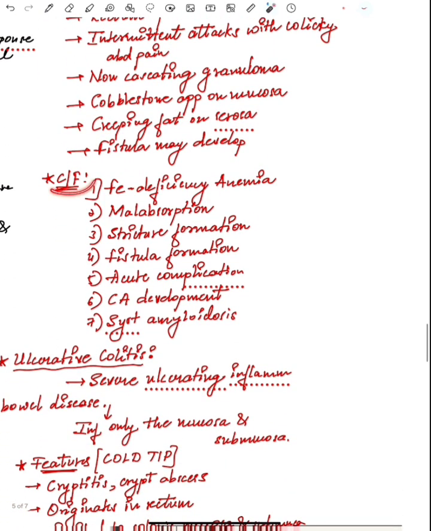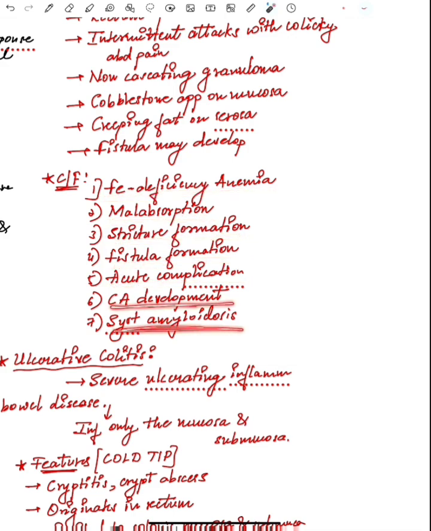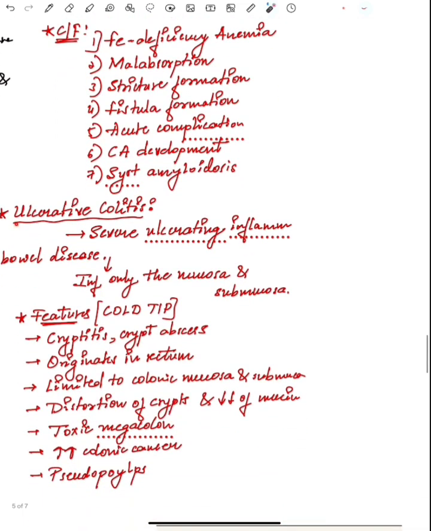The clinical features of this Crohn's disease are iron deficiency anemia, malabsorption, stricture formation, fistula formation, acute complication, carcinoma development, cystic amyloidosis. Ulcerative colitis. This ulcerative colitis is a severe ulcerating inflammatory bowel disease. It leads to inflammation only in the mucosa and submucosa.